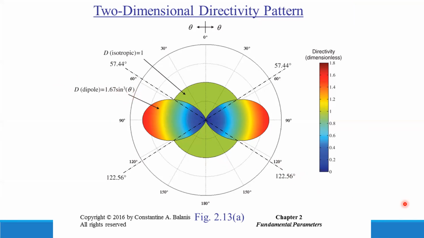Oh, it would just be 1, right? Like you substitute theta for 90. Yes, you substitute theta for 90. So what will it come to? This one. Can you see my laser pointer? Yes, I can. So if I replace theta equals 90 here, what will be the value? It would just be 1.67.